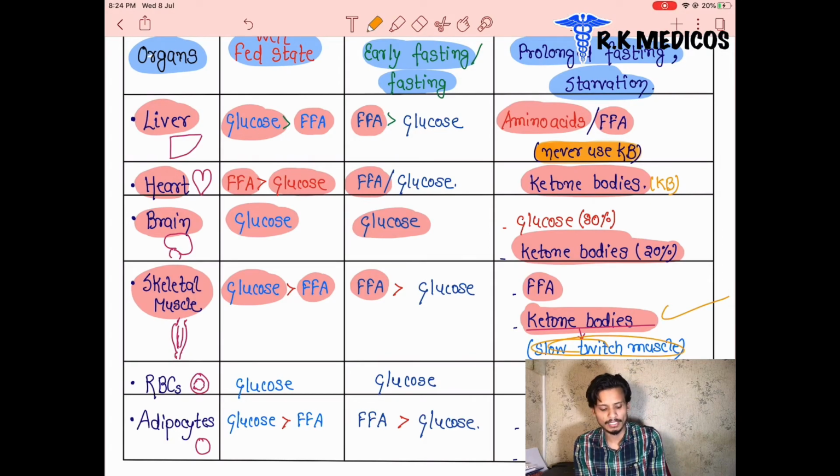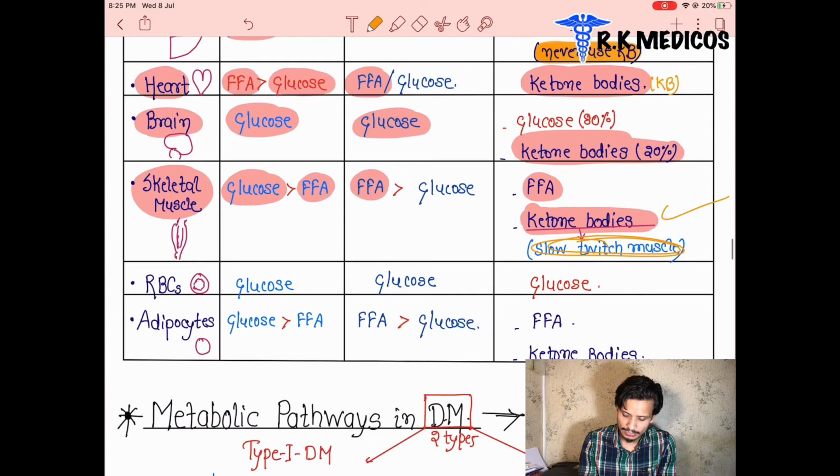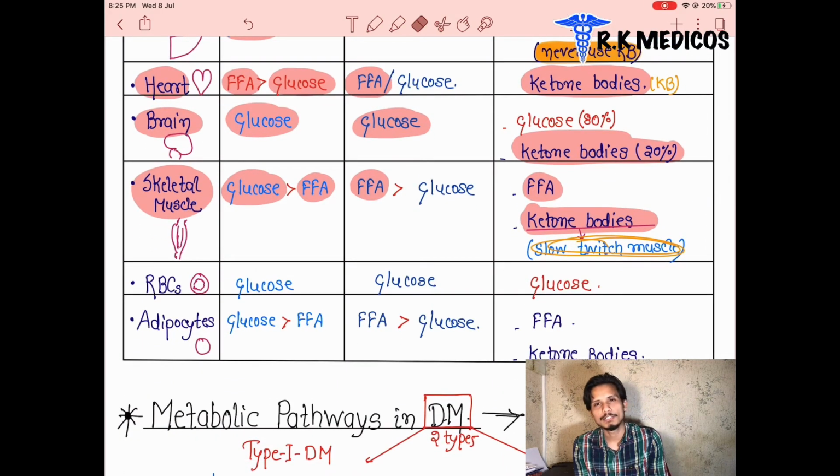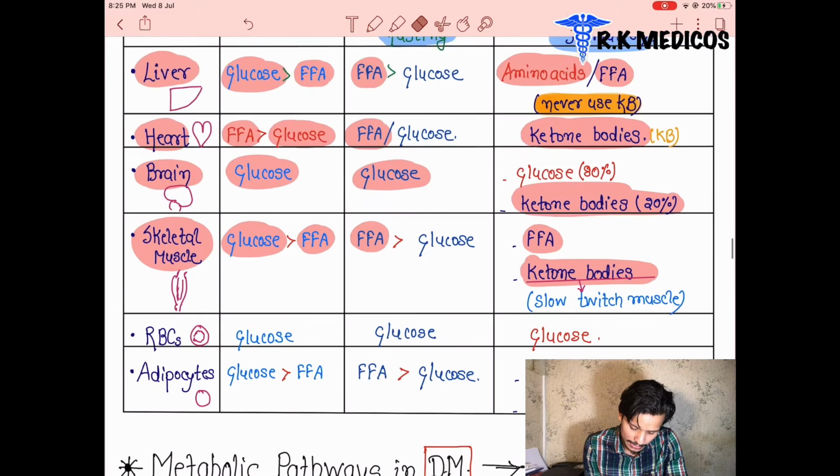When metabolism happens in slow twitch muscles, when any muscle has slow twitch activated, we discuss in the physiology section what slow twitch and fast twitch are, but for now we have to memorize it. Slow twitch muscles utilize ketone bodies, and otherwise we can use free fatty acids in prolonged starving conditions. Next we can see RBC.